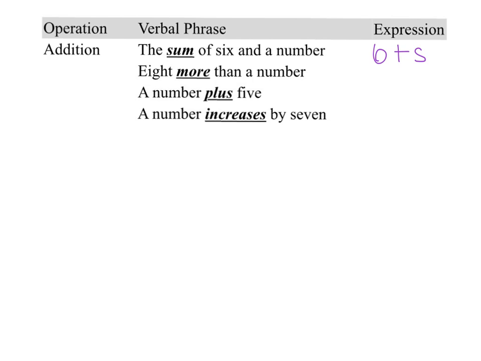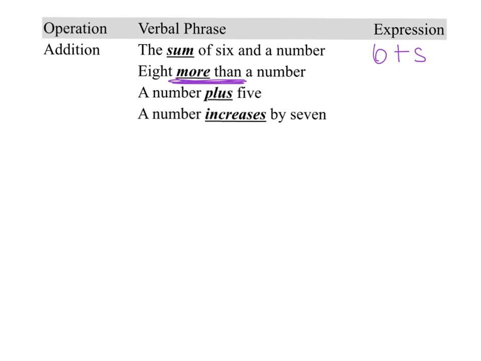All right, 8 more than a number. I'm going to underline the word more and the word than. This is all addition words. More than is backwards from what you think.